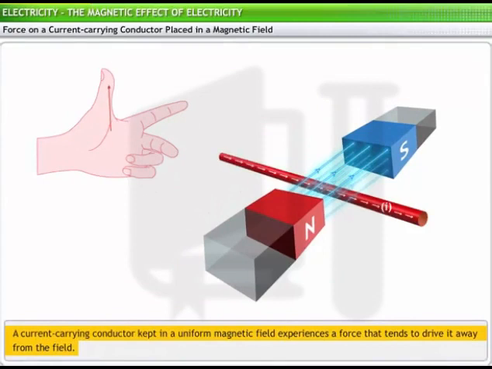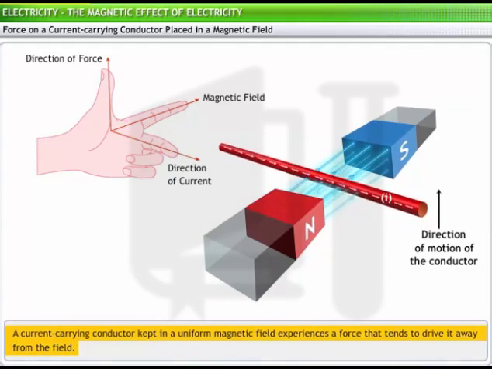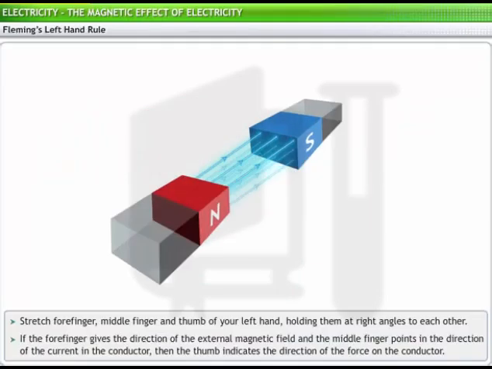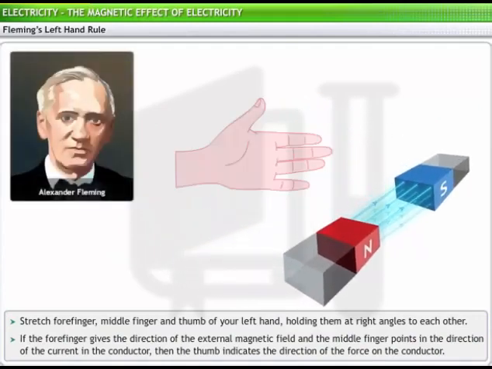Therefore, a current-carrying conductor kept in a uniform magnetic field experiences a force that tends to drive it away from the field. The direction of the force on a current-carrying conductor in a magnetic field can be determined using Fleming's left-hand rule.